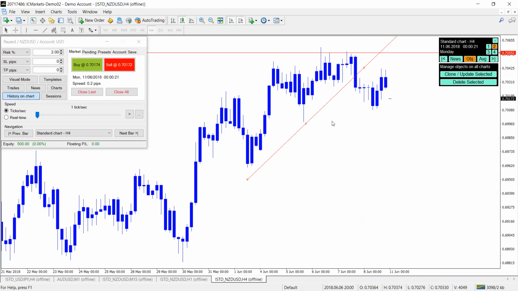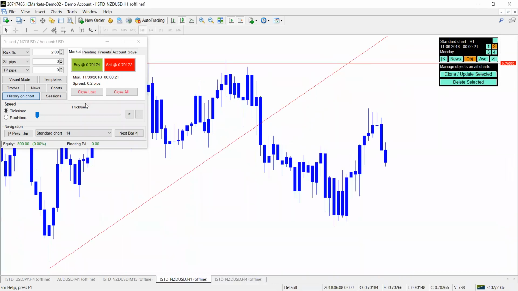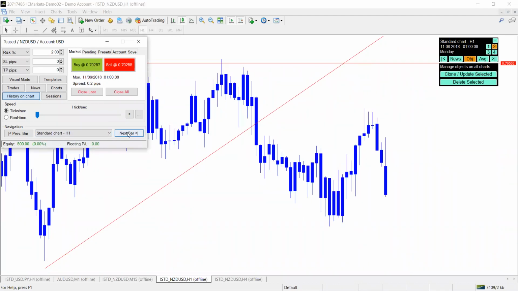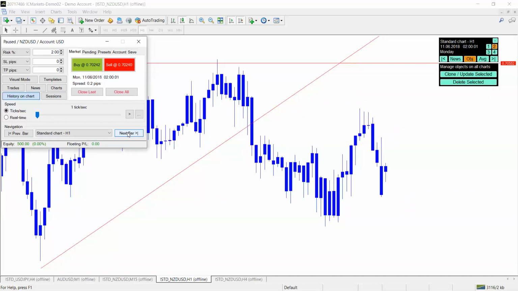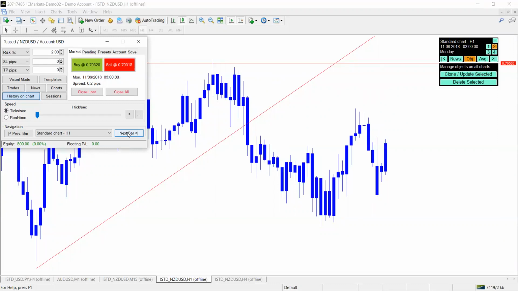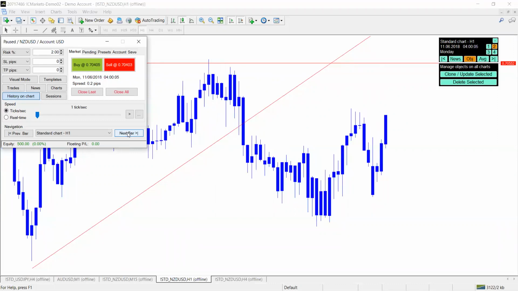Okay, so let me just go to 1 hour and just see what's happening here. Okay, so that's one 4 hour candle close.